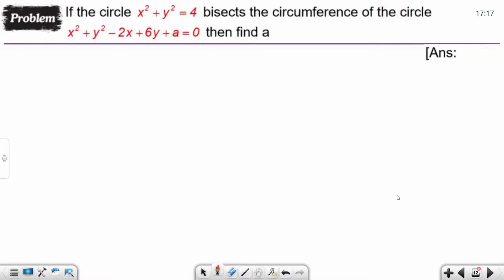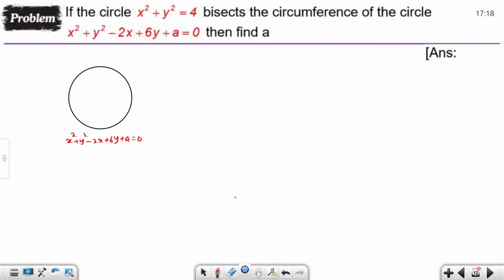The question is, if one circle is given, and it states that this is one circle. What is the equation of this circle? This is the equation of this circle.